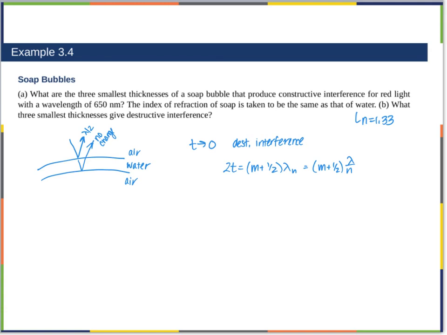So those are the conditions for constructive interference. I think this is misleading the way it looks now.